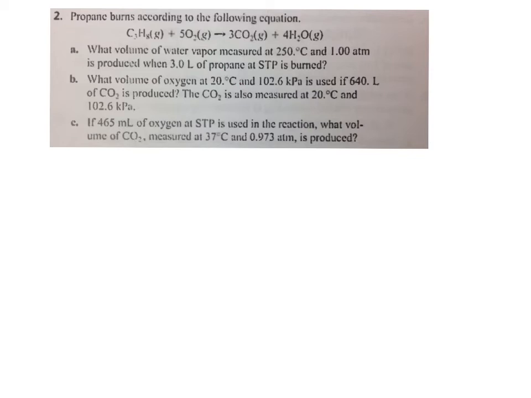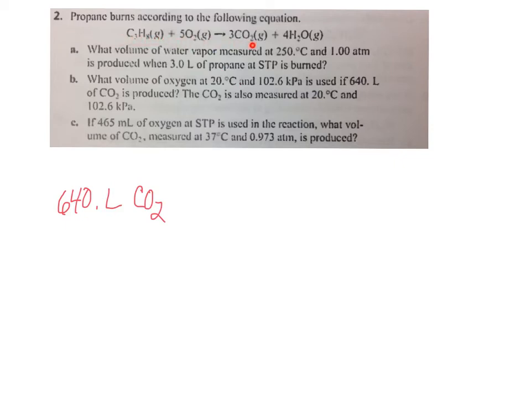This is really just a straight gas stoichiometry. It's much like working at standard temperature and pressure, only we're not at standard temperature and pressure, but the conditions are changing. So you can do a special thing here where you say 640 liters of CO2, and we can also read this equation that says 5 liters of oxygen reacts to form 3 liters of CO2.